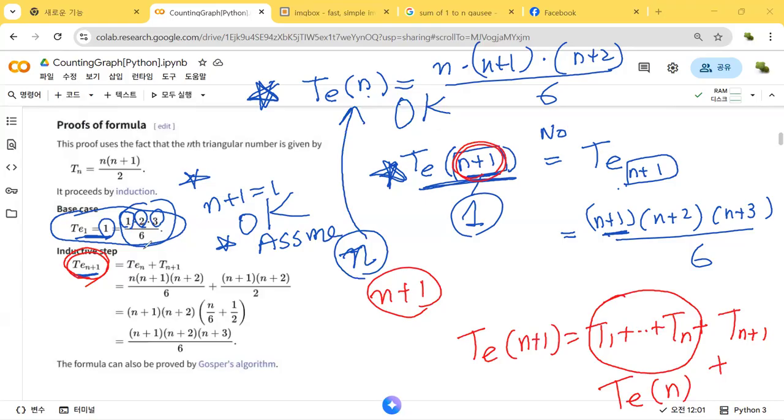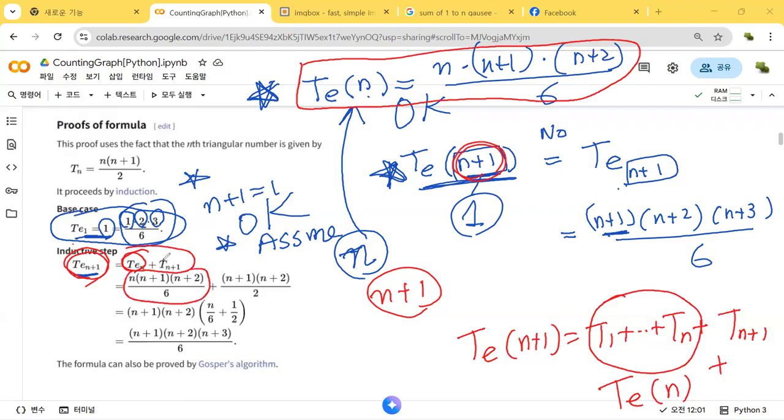So you have this kind of recursive equation. And since we assume that this one is true, you can replace this value by this one, okay? This one.